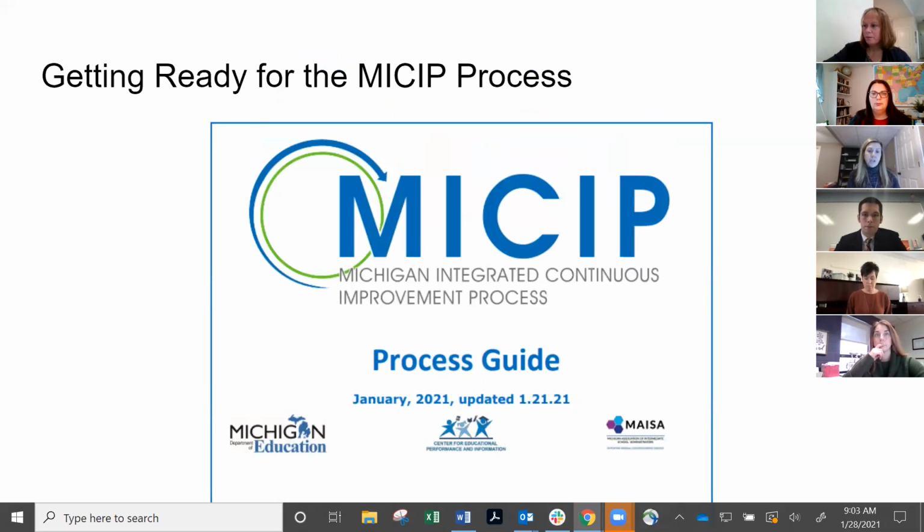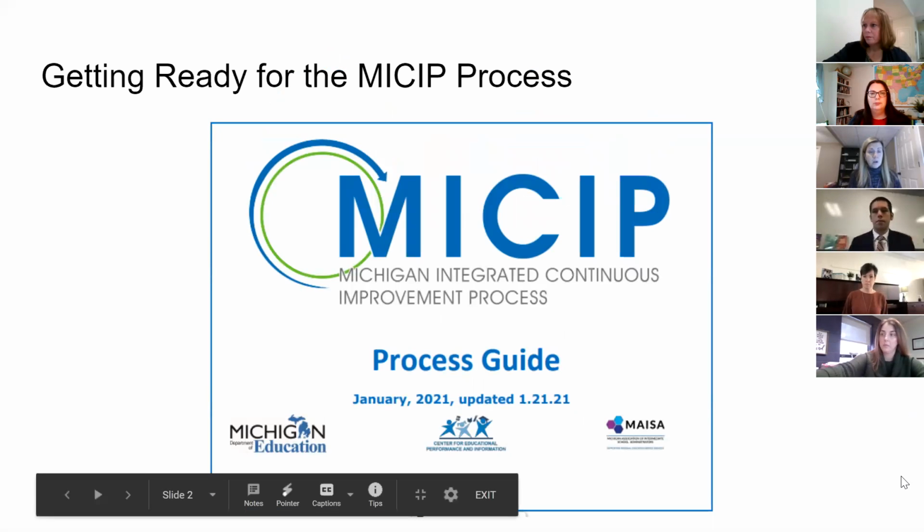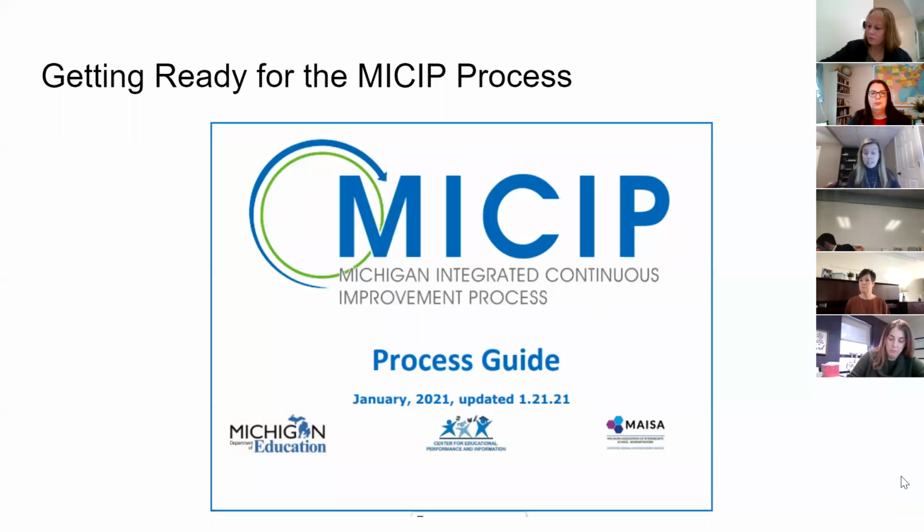The first resource that we have for you today is the MICIP process guide. You might have seen this resource before. It is actually pretty valuable. It is about 90 some pages long, so it can be a little bit intimidating, but it basically goes through the entire MICIP process from start to finish.